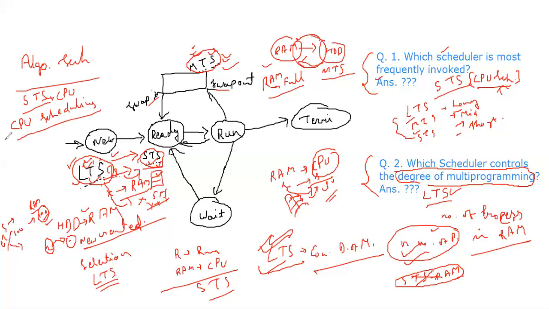We will pick each and every algorithm and solve different examples of those algorithms. So today we have completed the scheduler and dispatcher, the short-term, long-term, and mid-term schedulers, and several primary questions related to them. Next we will start CPU scheduling.